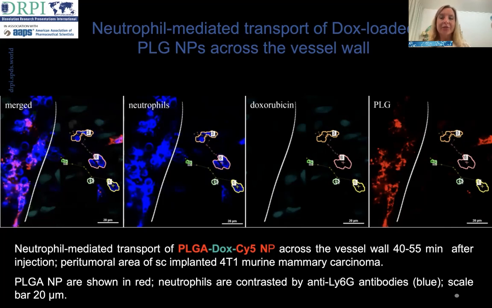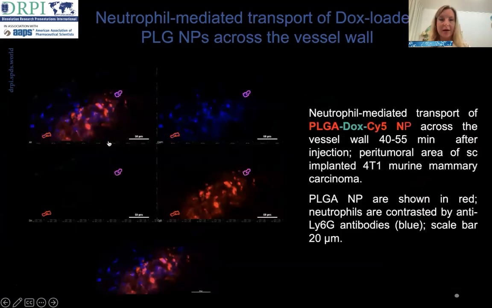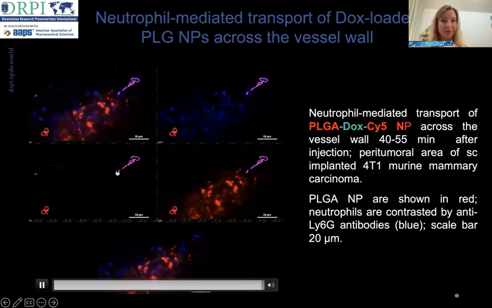The tracing of neutrophils colocalized with doxorubicin-loaded nanoparticles highlights that nanoparticles were effectively accumulated by the neutrophils, the outlined regions of interest, and transported across the vessel wall. You can see this tracing in time and the corresponding video.